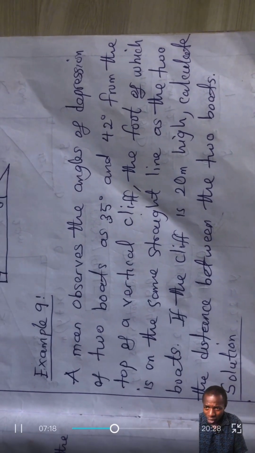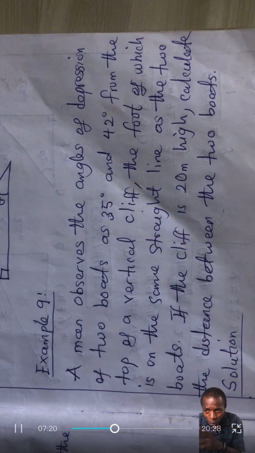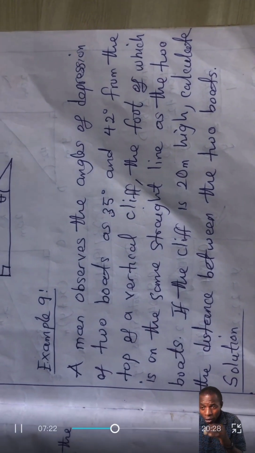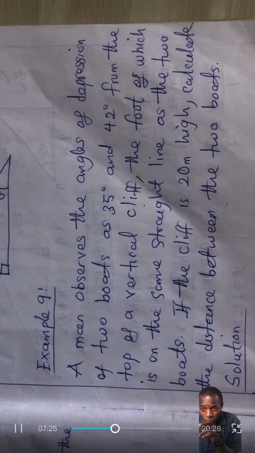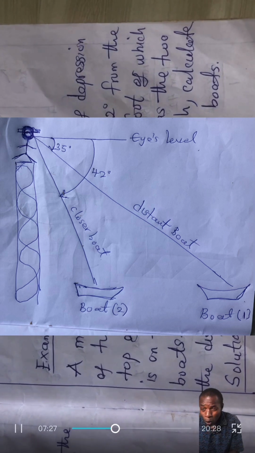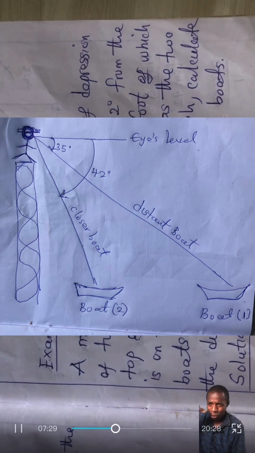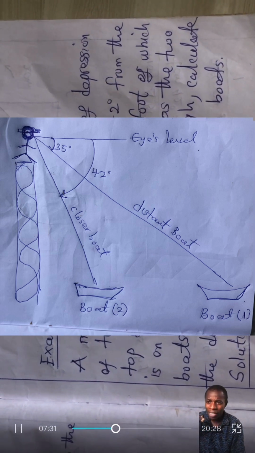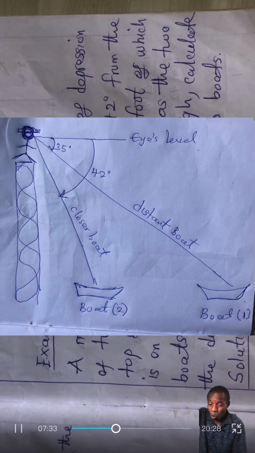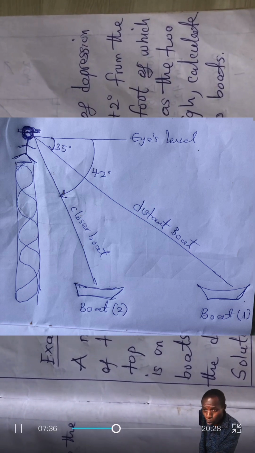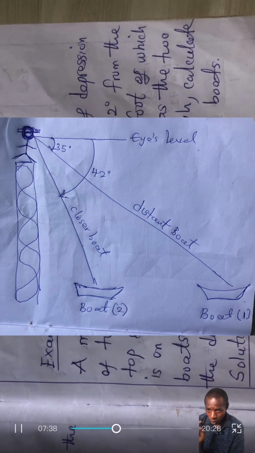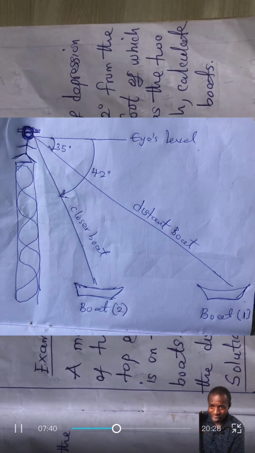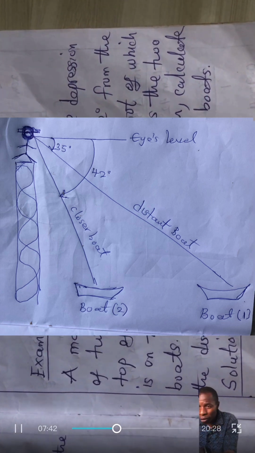Is that clear? Now, since they mention angle of depression, it means the objects, which are the two boats, are below the normal eye level. It means the observer is up somewhere looking down at the two boats. Do you understand? From the question here, they said the observer is at the top of the cliff.